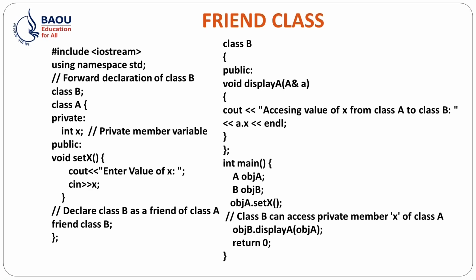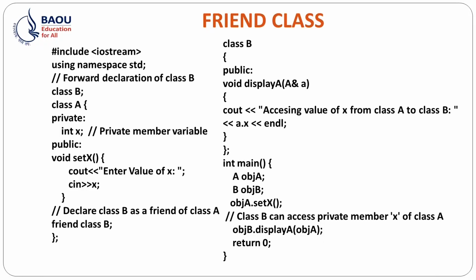In int main, I have created two objects, that is object A and object B. Object A dot setX will call the function of class A, and over here class B can access the private member, that is x of class A, via object B dot display A, passing my object A.